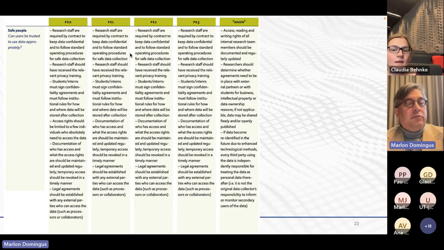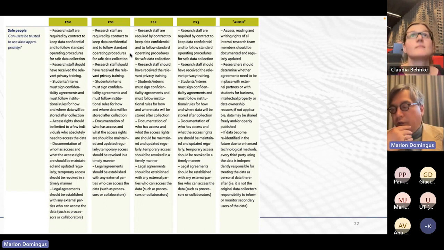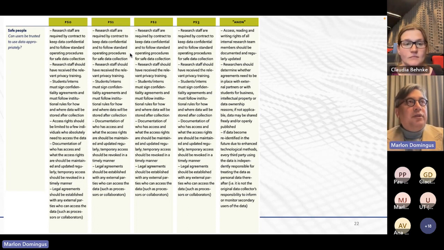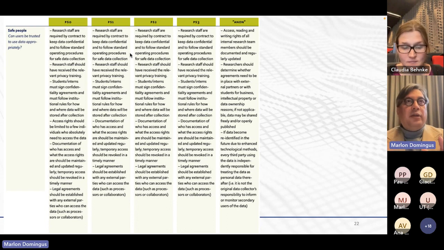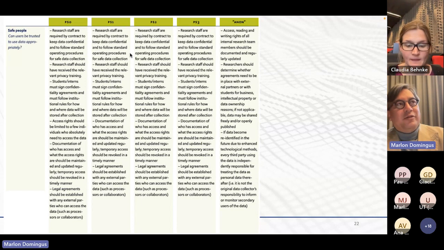It's a bit of an easy statement, but if you have untrained people, then the risks may become higher. I hope I don't offend anyone, but if you are trained in social sciences or medical sciences, then probably you are aware of the sensitivity of data and so on. But sometimes people that work in econometrics, if you are used to working with big data sets and crunching them, and one or two or 10 of the tables are personal data, then you might not realize that there are people behind those numbers.